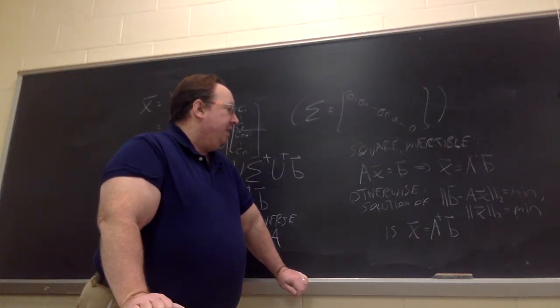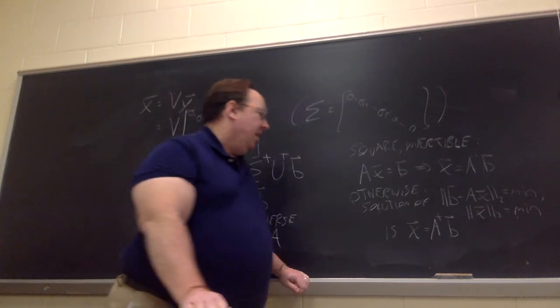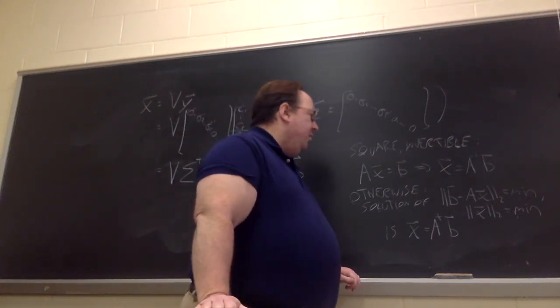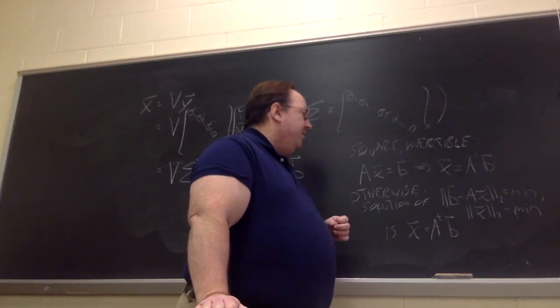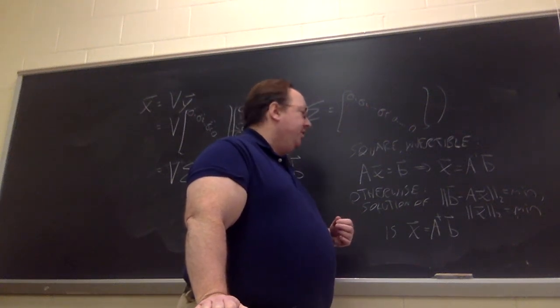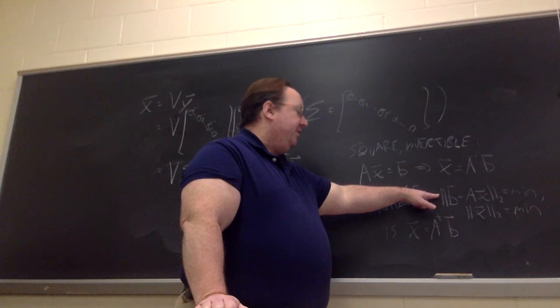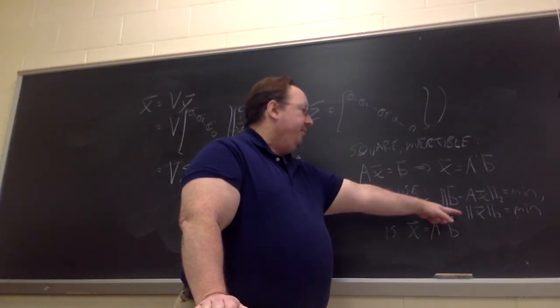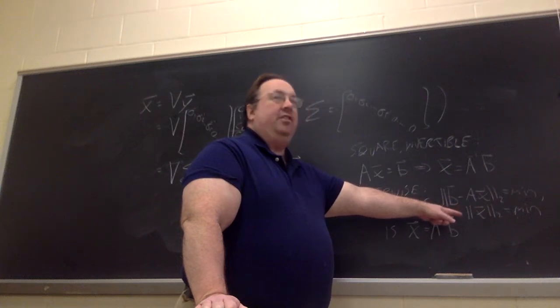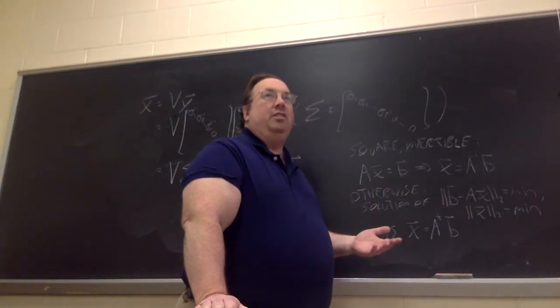Another possibility is that if the rank of A is equal to n, then you're only going to have a unique solution. So you try to find a minimum of just this. And because it's going to be a unique solution, that criterion is automatically satisfied because there's only one vector to consider.